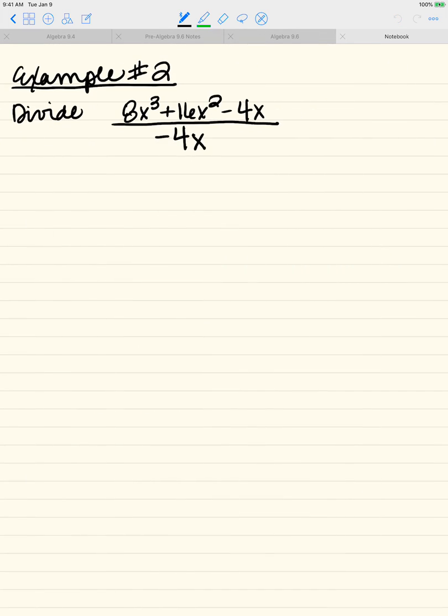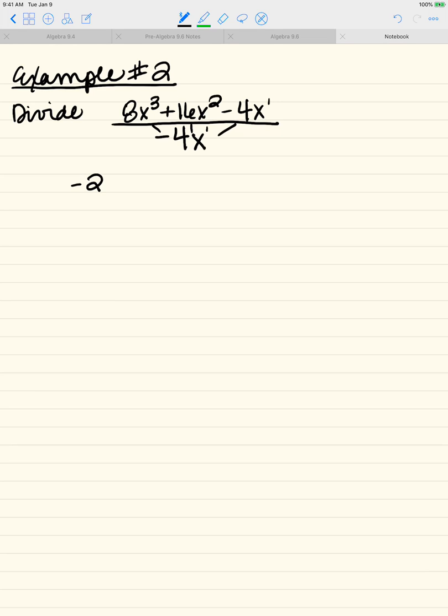Example number 2, 8x cubed plus 16x squared minus 4x divided by negative 4x. Divide each term by that negative 4x. So 8x cubed divided by negative 4x. I'm just going to go ahead and jot that 1 in there so we don't lose track of it. 8 divided by negative 4 is negative 2.